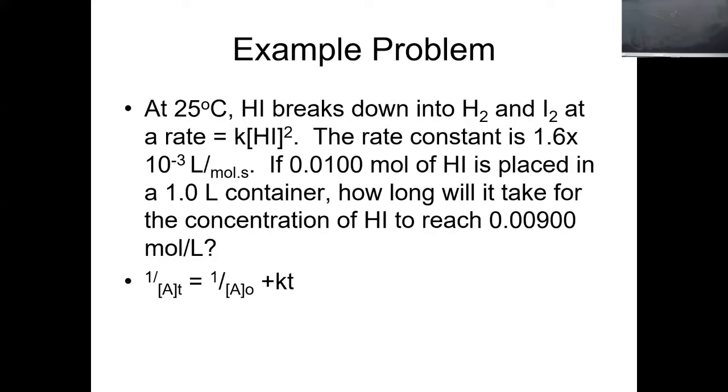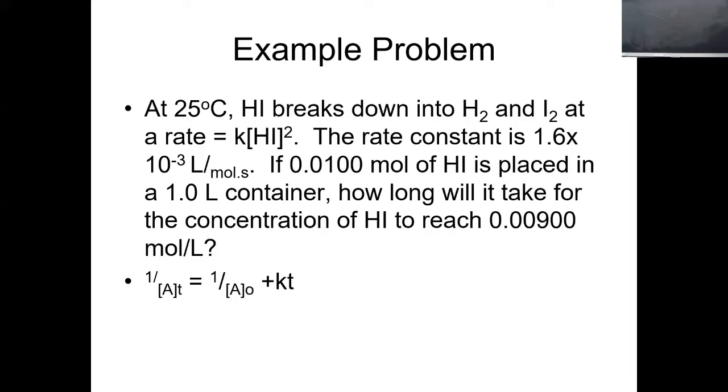Okay, so HI, hydrogen iodide, breaks down into H2 and I2 at a rate of k times the concentration of HI squared. So that tells us what's the order? 2. Since it's squared, it's second order. And then the rate constant is, as I said, 1.6 times 10 to the minus 3.